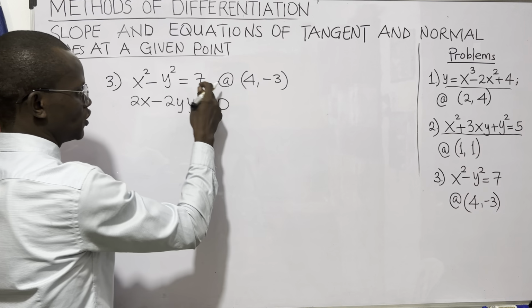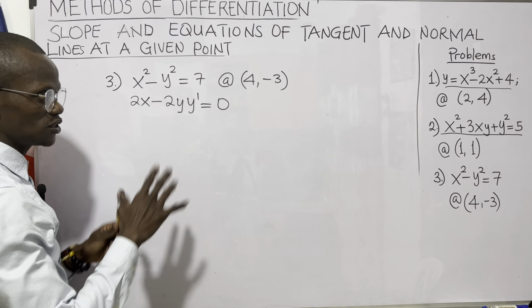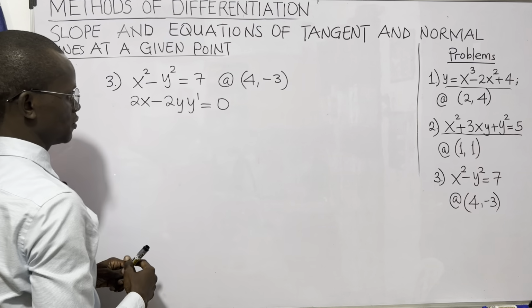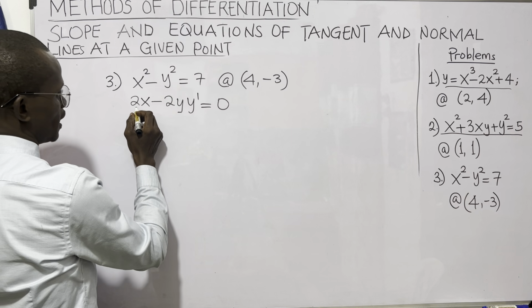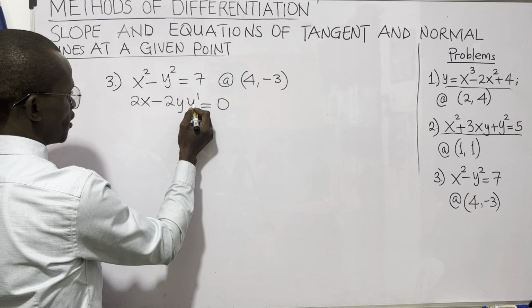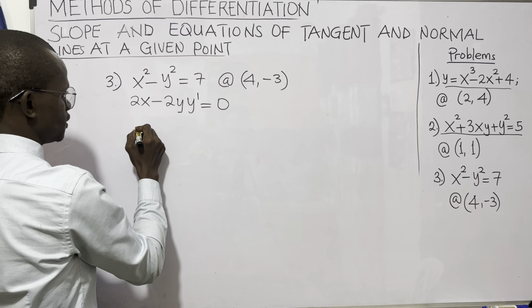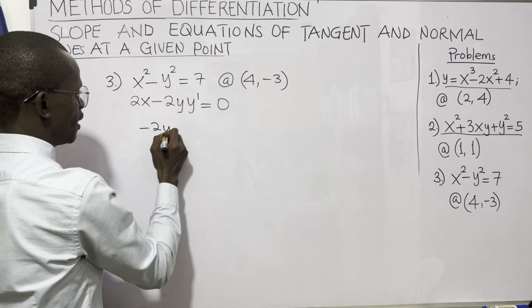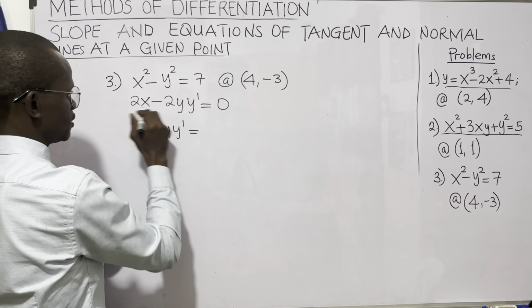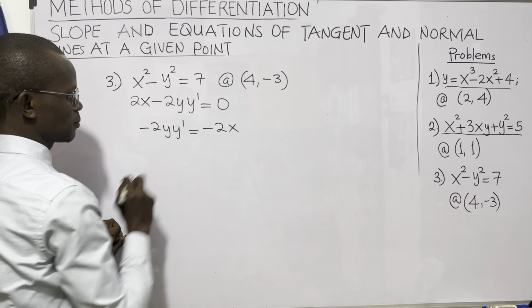The derivative of a number standing alone is equal to 0. So we need to solve for y prime. We send this 2x across, so this is minus 2y y prime equals negative 2x.